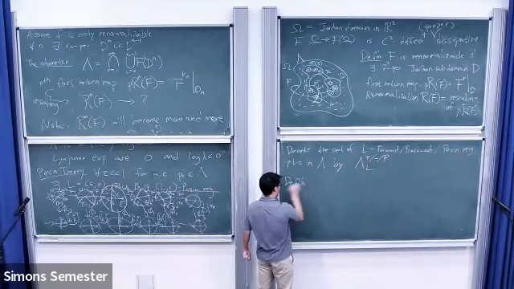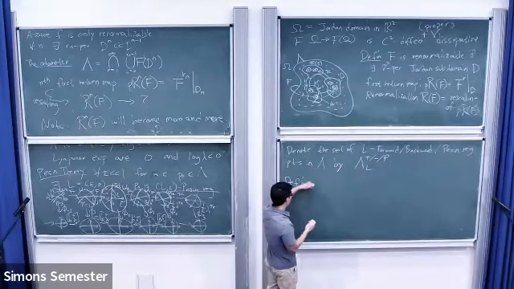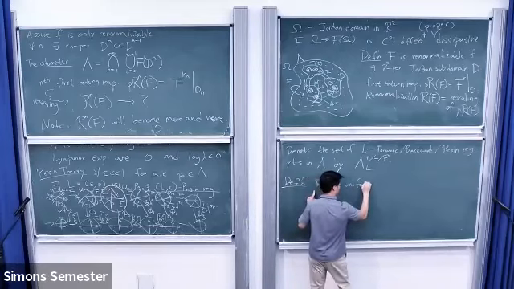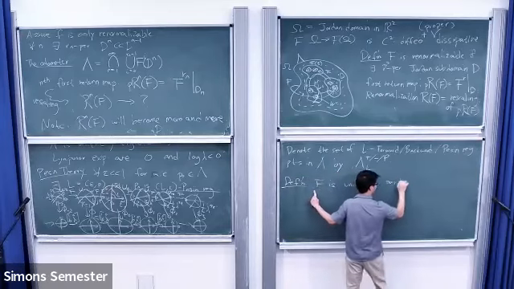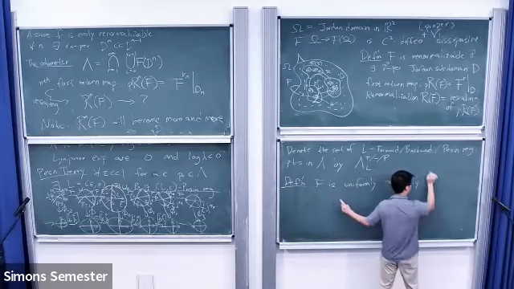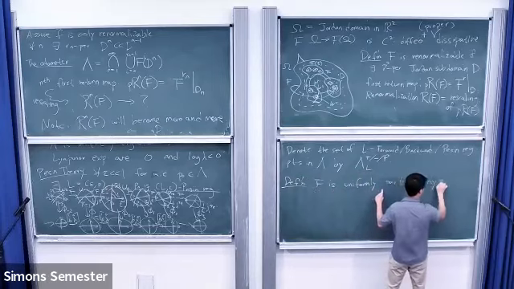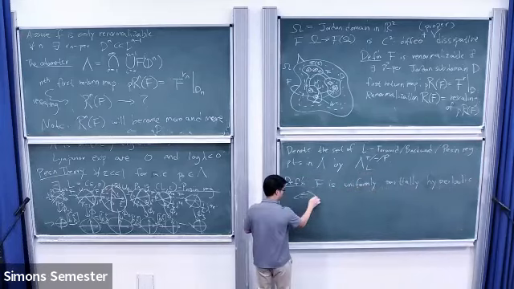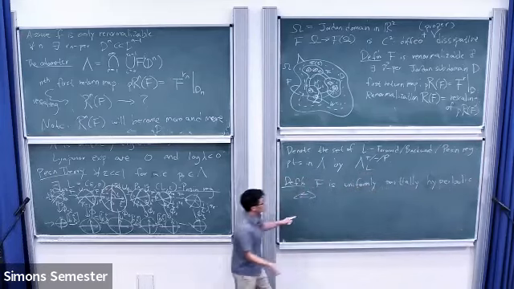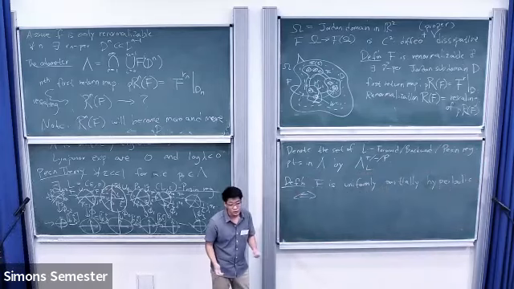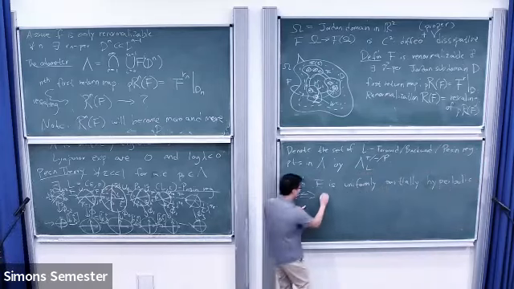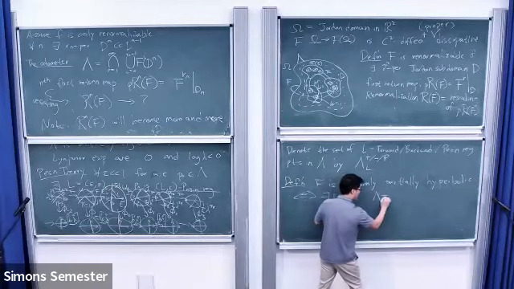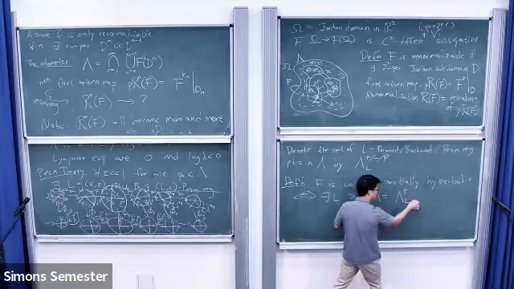And it's not hard to observe that your system F is uniformly partially hyperbolic if and only if every point is L Pesin regular for some uniform constant L. So if and only if there exists some uniform constant L such that the odometer is actually entirely L Pesin.